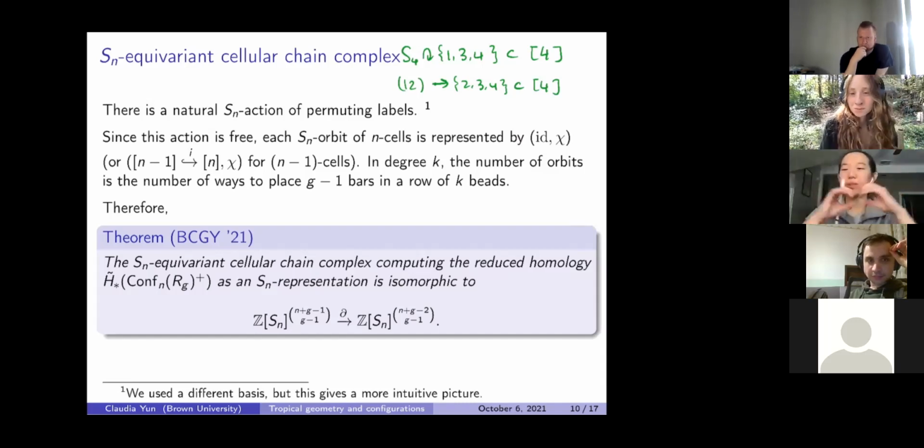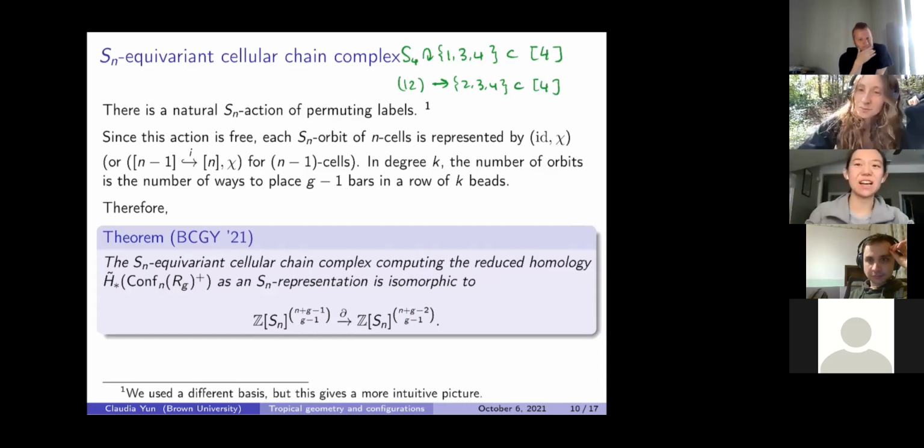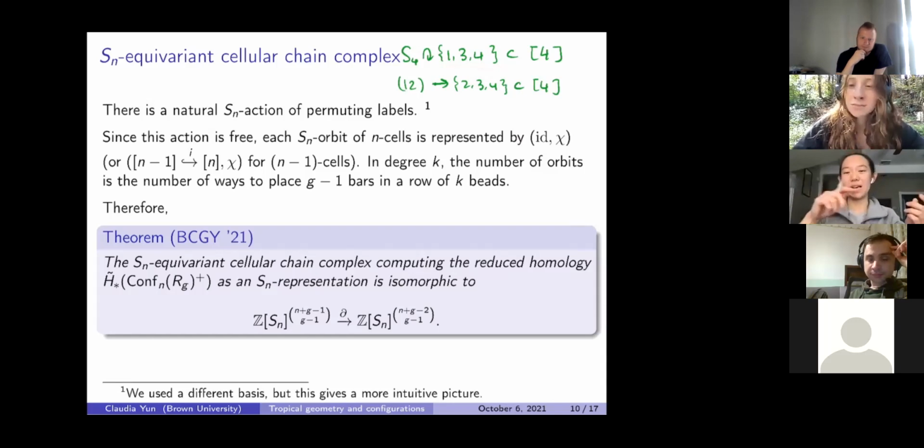You just have all these configurations, and like Mark said, it's not like your point 2 is missing. It's just missing from the arcs, but the 2 is still at the center, and so S4 still acts on this configuration. But now it's just sending 1 to the central point, so you don't see it on the collection of intervals. Okay, awesome.